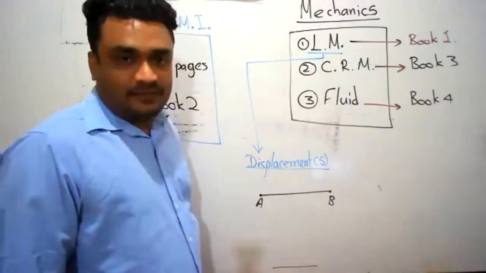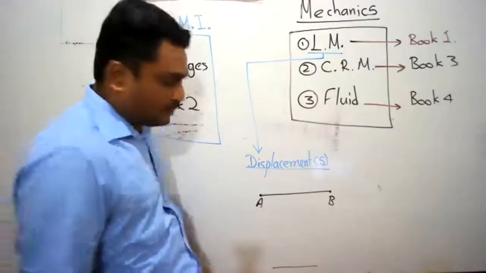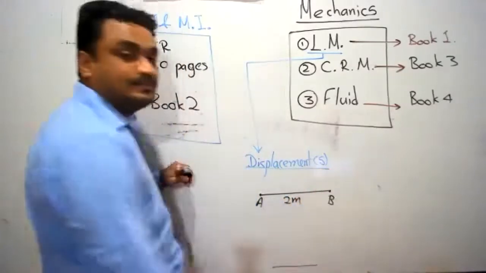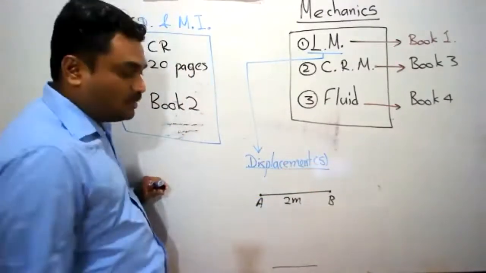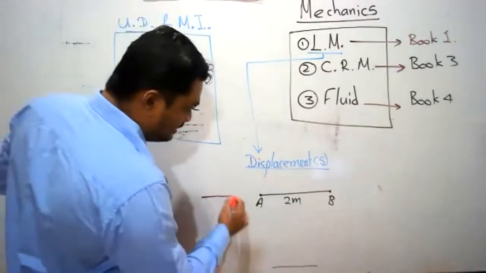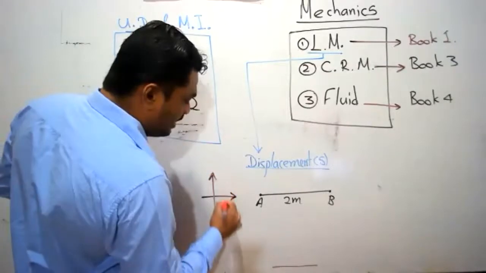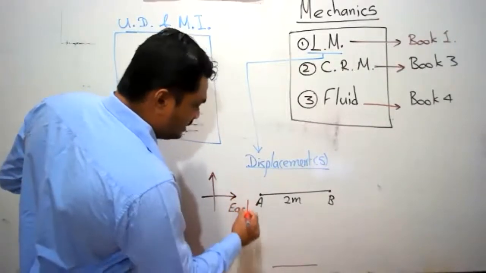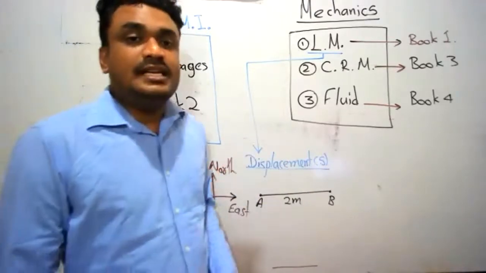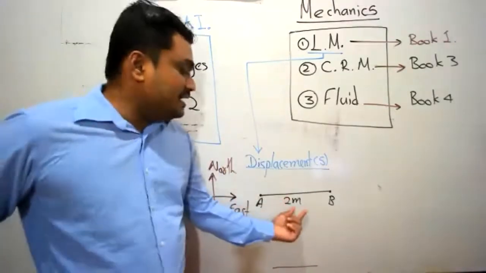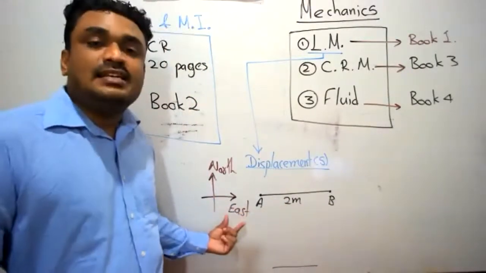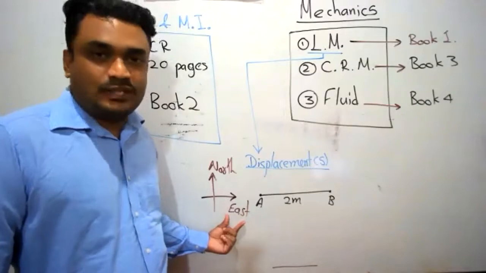Measure the length of the AB straight line. For example, if the length is 2 meters, then the displacement from A to B is 2 meters, and we must indicate a direction. So it is said that the displacement from A to B is 2 meters in the east direction. 2 meters is said to be the magnitude of the displacement. East is said to be the direction of the displacement.